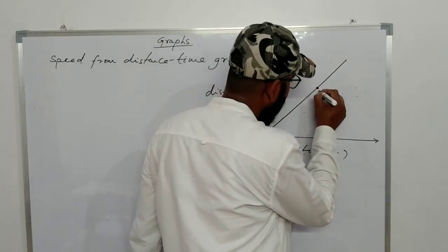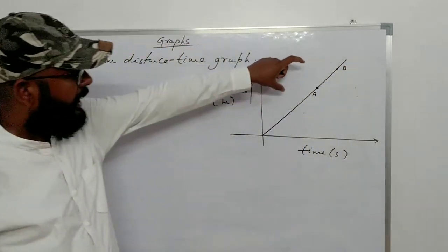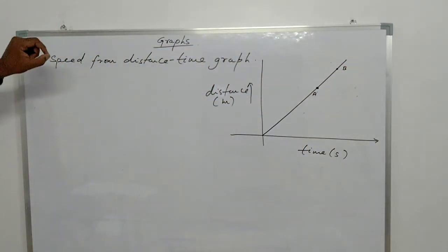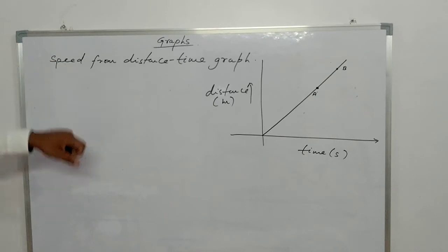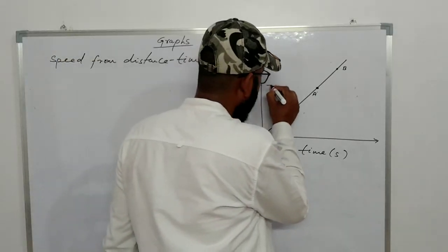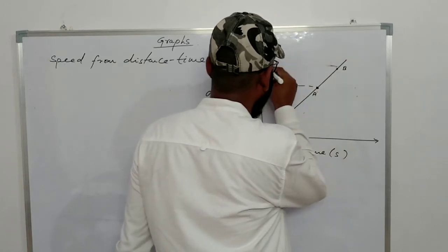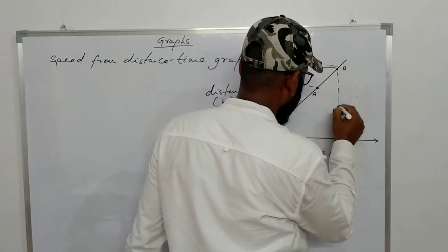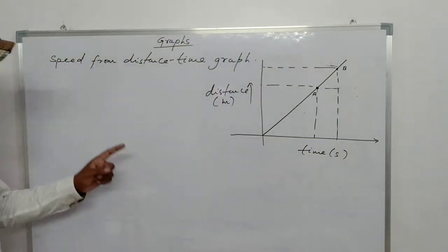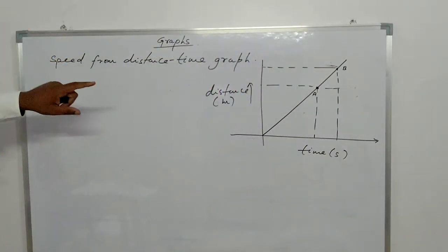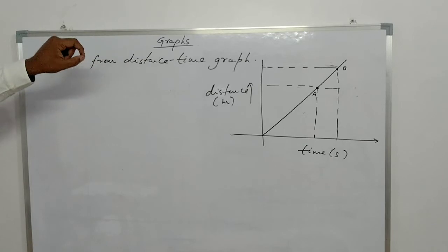This is A and this is B. After that, from both points A and B draw lines perpendicular to the x axis and y axis, like this.